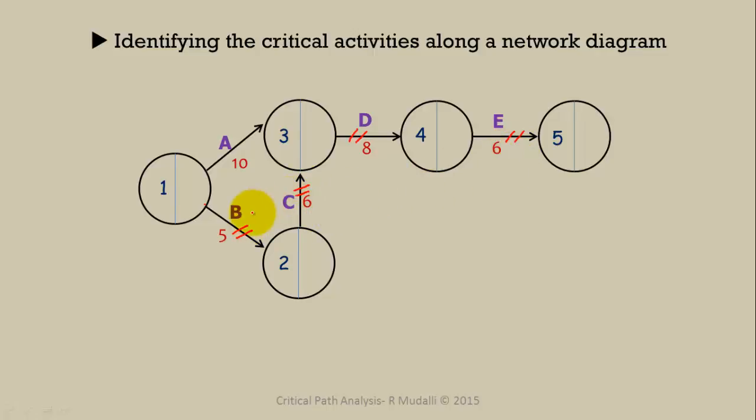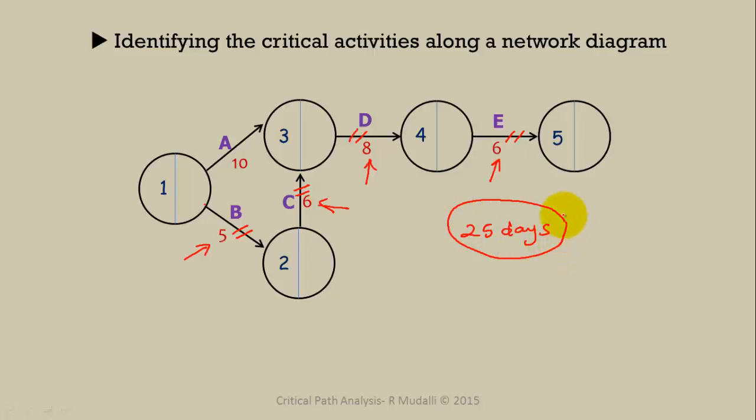So let's calculate the project duration now. That is, you take all the durations along the critical path. That is 5 added to 6 added to 8 and added to 6. So 5 plus 6 plus 8 plus 6, that makes a total of 25 days.